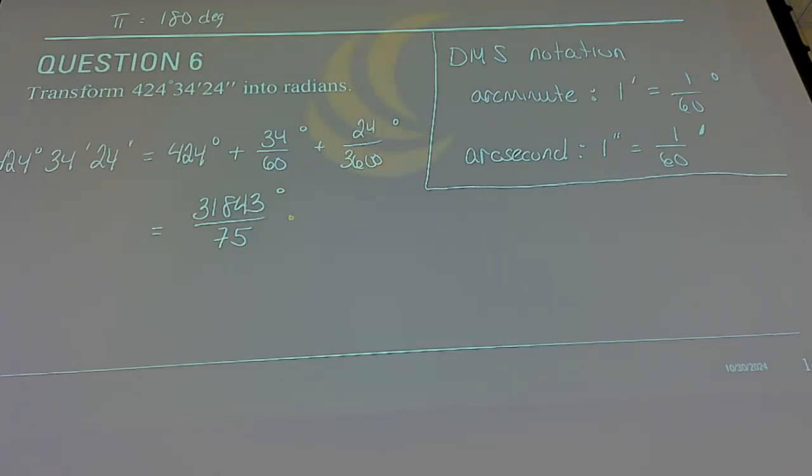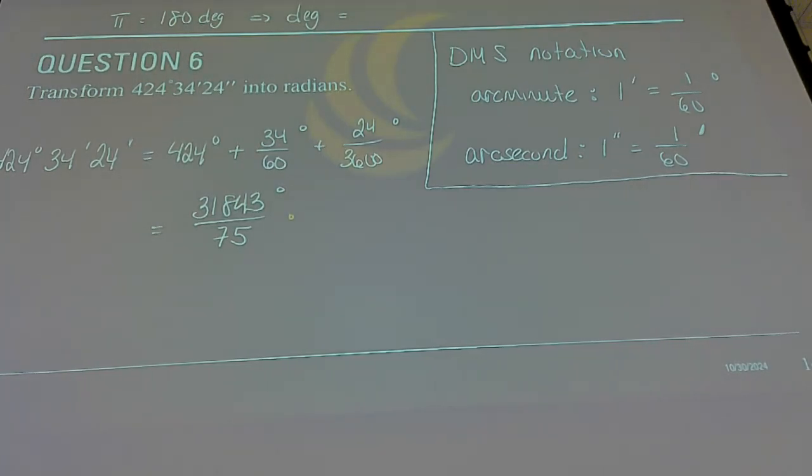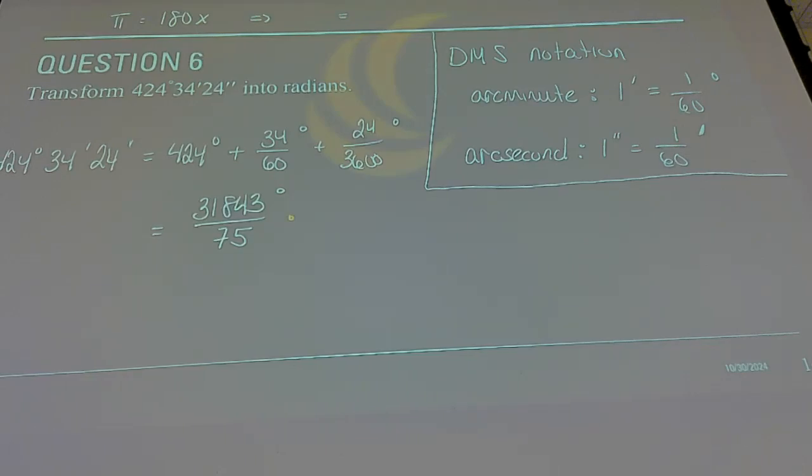Think of degree as a variable. How would you solve for it? If you think of degree as a variable, call it x, pi is 180x. What is x? One degree is pi over 180 radians.